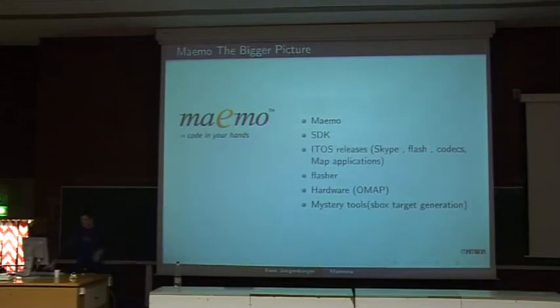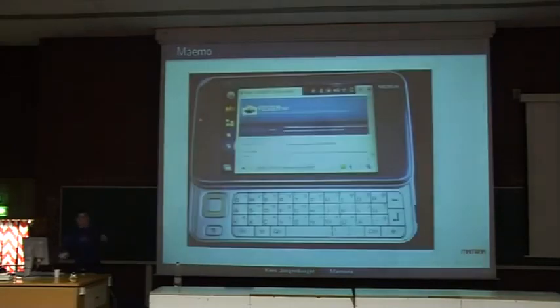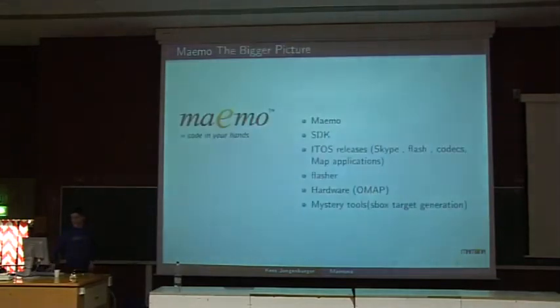If I go back to the previous picture, we're really talking about getting the whole thing on there. What Nokia does is they take Maemo, they improve it, they add codecs, binaries, whatever is necessary to make a real product out of Maemo.